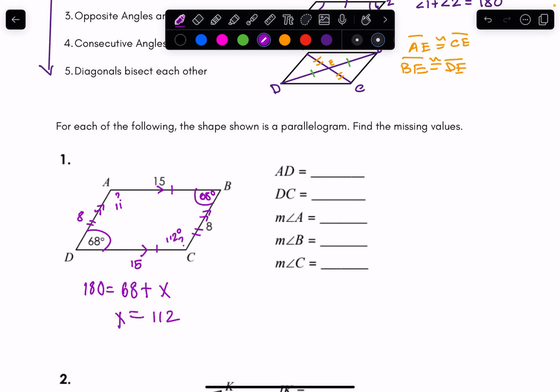So that's 112 and that's 112. So the main things to keep in mind: opposite sides are congruent, opposite angles are congruent, and the consecutive angles have to add up to 180. So AD is 8, DC is 15, A is 112 degrees, B is 68 degrees, C is 112 degrees.